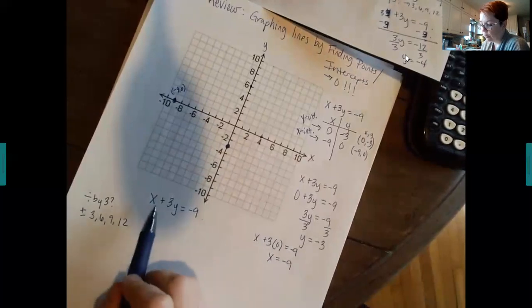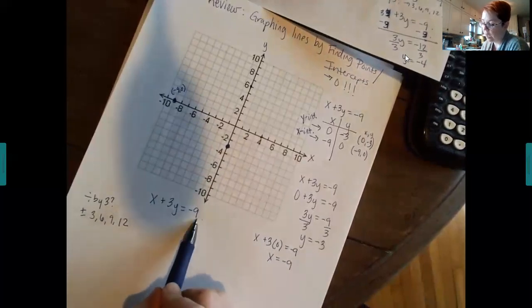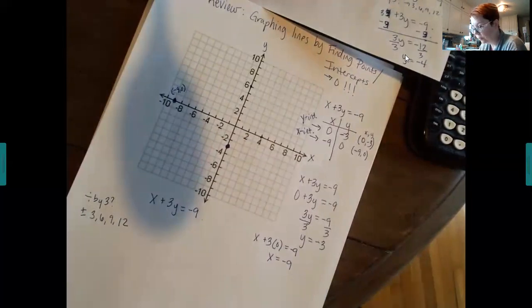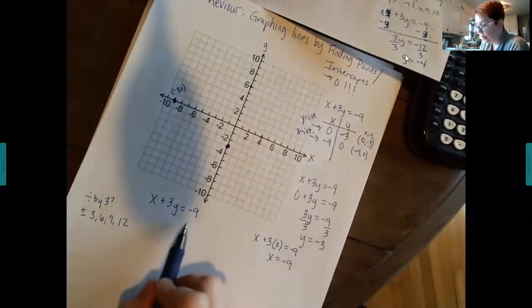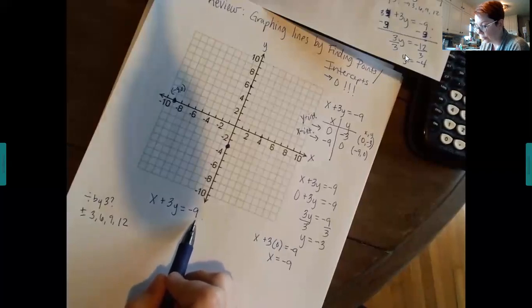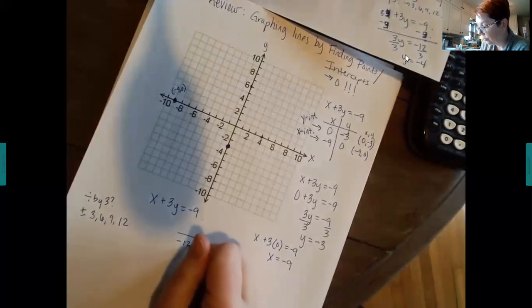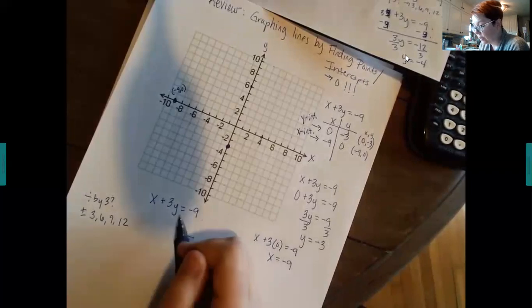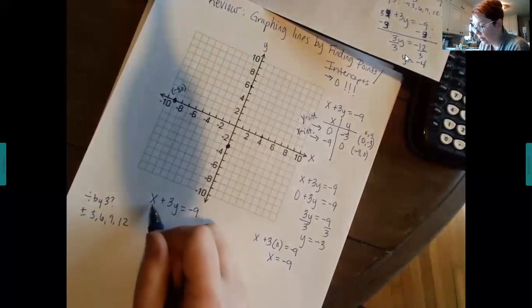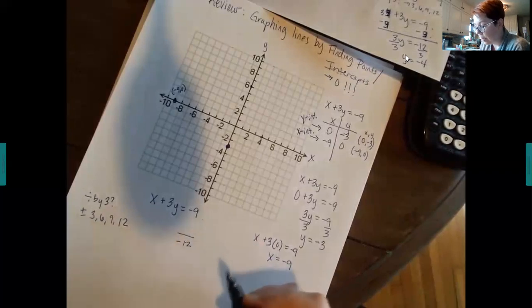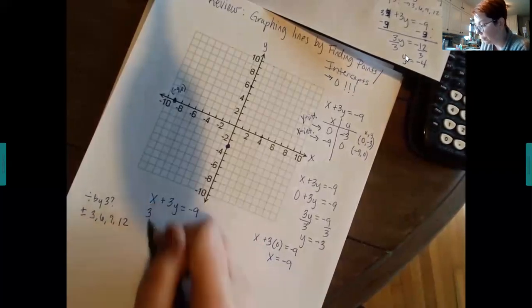So if I choose a number for x, combine it with this -9, I want that value to be either positive or negative 3, 6, 9, 12, maybe higher, depending. So let's say I want to make this -12. So that means I'm going to have to subtract something from here and combine it with this -9 to make -12. So what number would make that happen? Well, that's if x is positive 3.